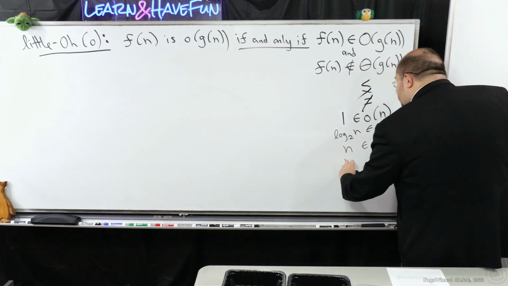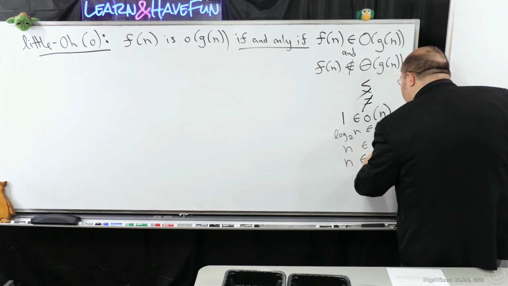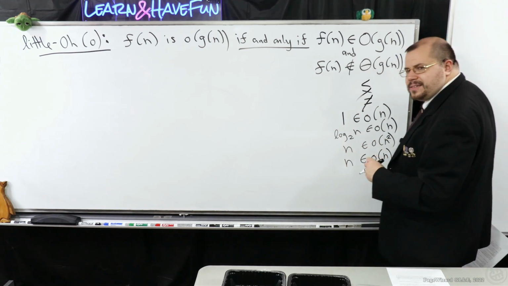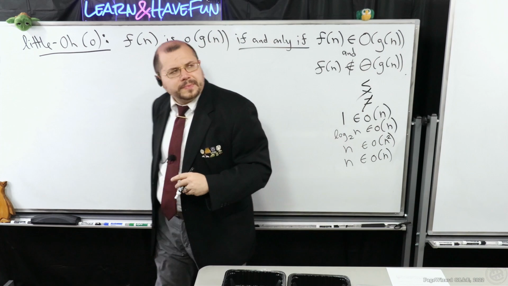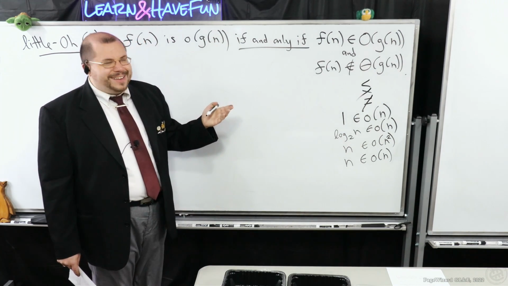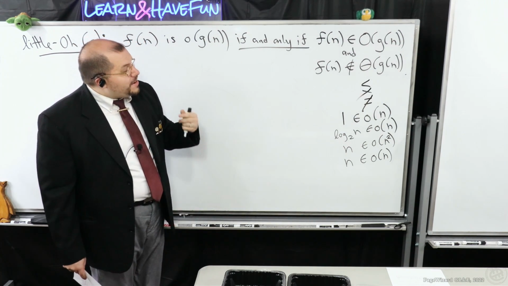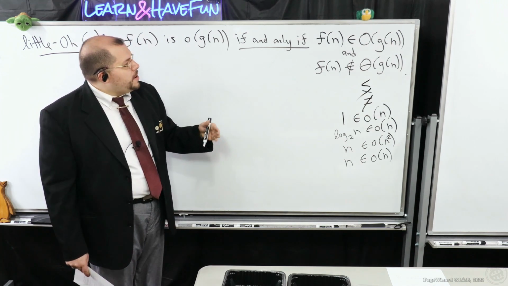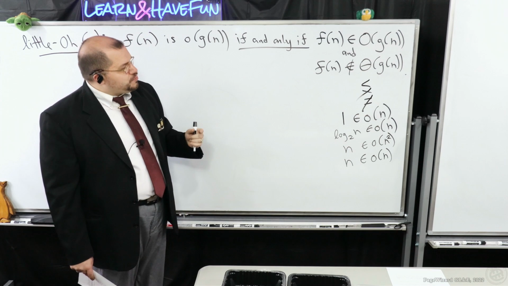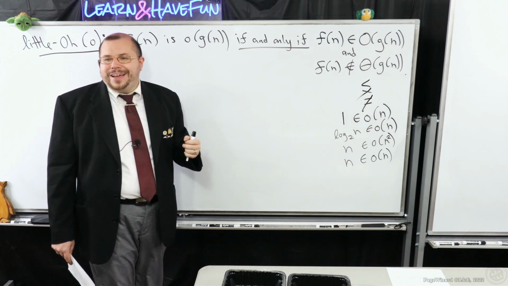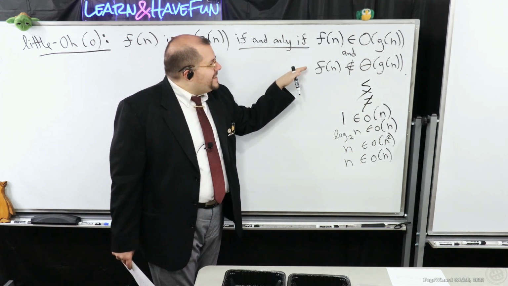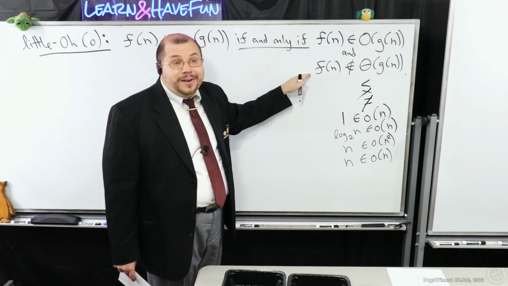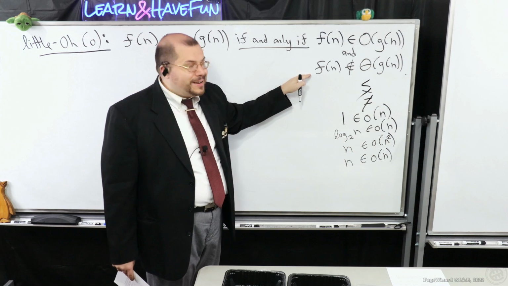But if you were to say that n is little o of n, does that make any sense given this definition? No, not really. Because sure, n is big O of n, and that's not very hard to prove using the definition of big O. However, what's wrong with n being little o of n with this definition is that it's not allowed to be asymptotically tight to whatever's in the notation, right?